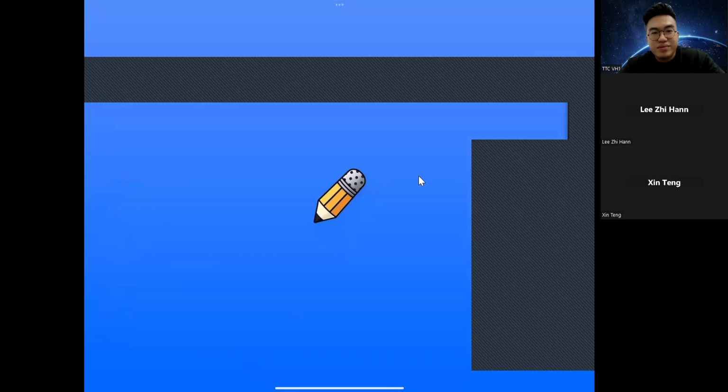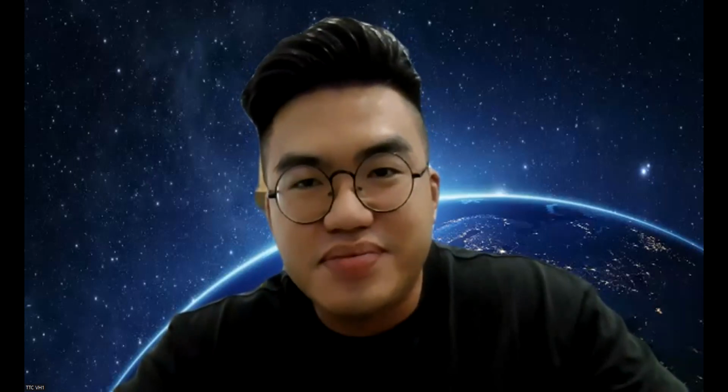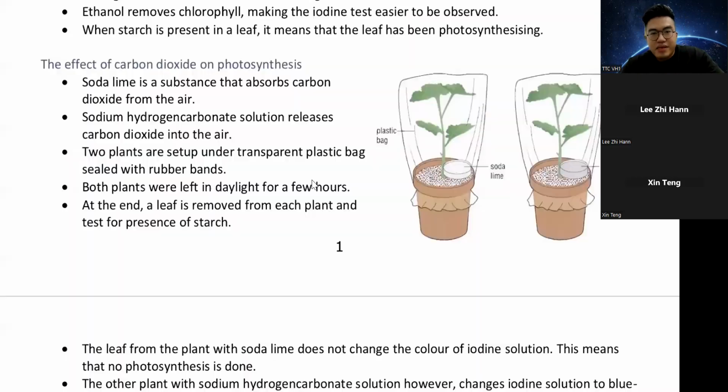My Zoom is very... Excuse me. Let me do it again. Okay, should be normal now. This Zoom is very weird. They always act like this.